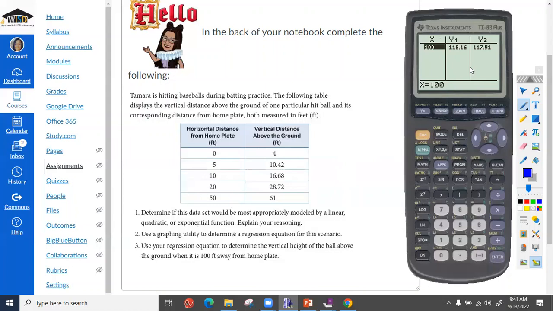Okay. And now I can see the difference in the calculator's approximation and my approximation. All right. Again, this is kind of a collection of everything we've been working on, all in one problem. All right.